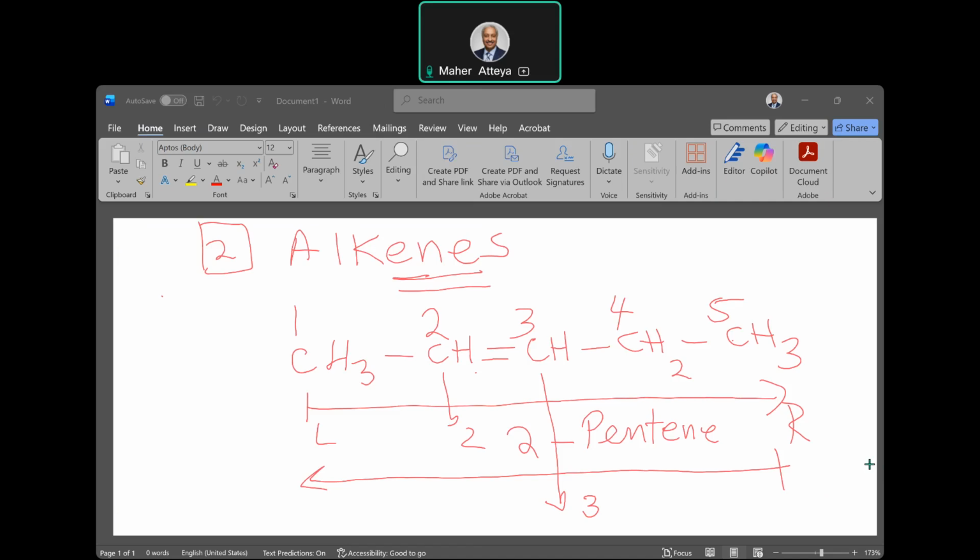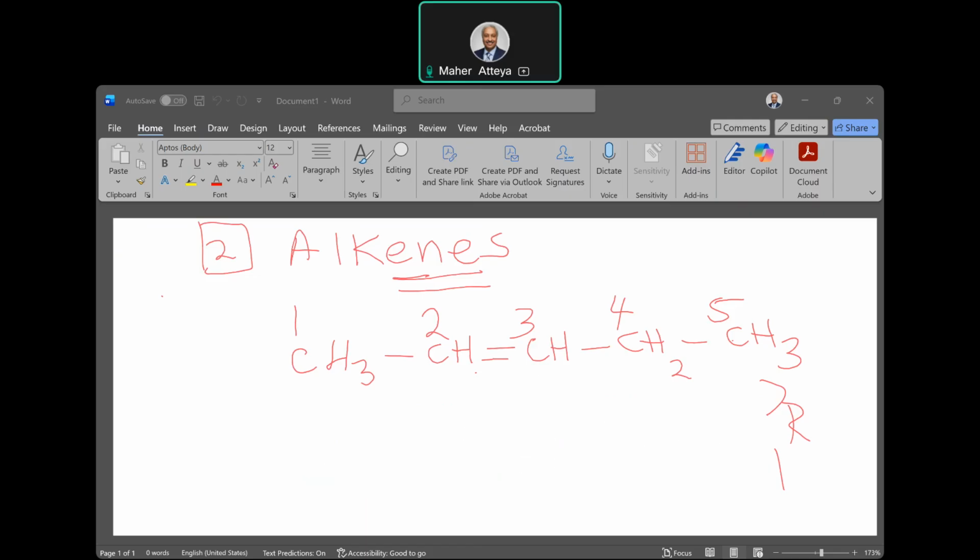However, here the location of the double bond will take first priority, not the chloro or the fluoro. So let's do an example here. We know that's 2-pentene, correct? So let's take this 2-pentene out.